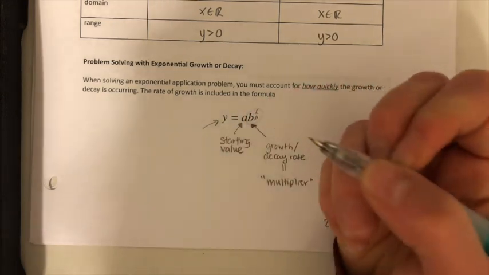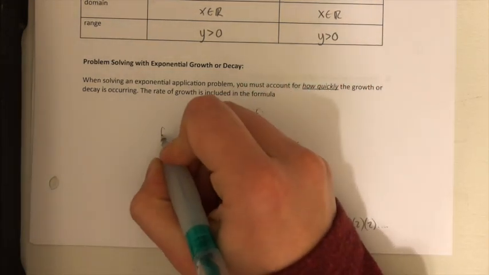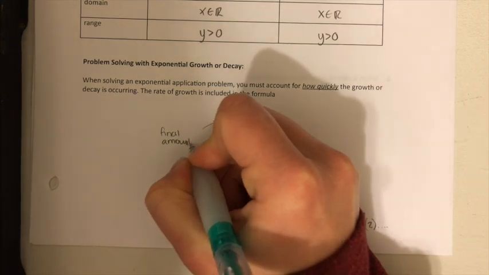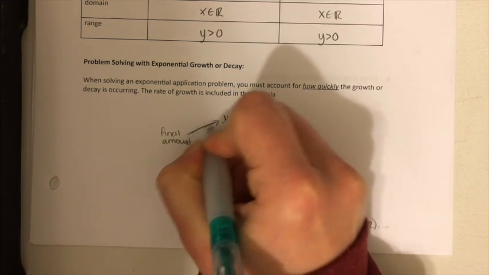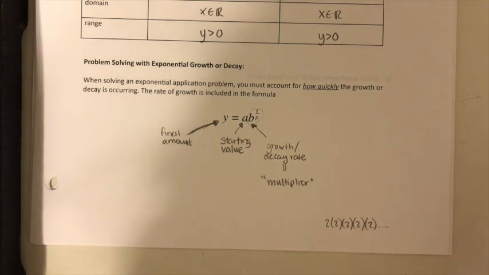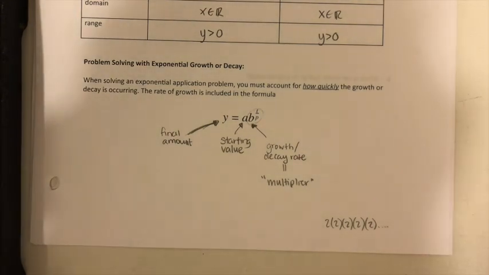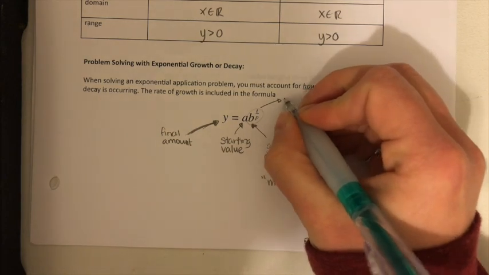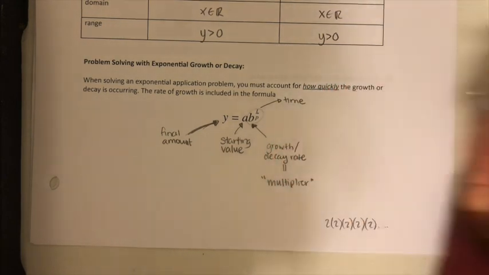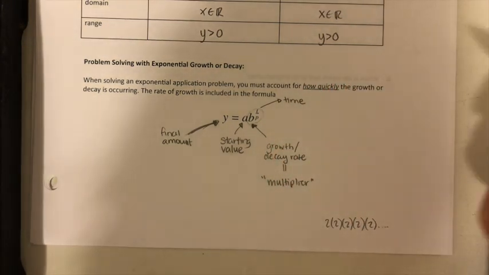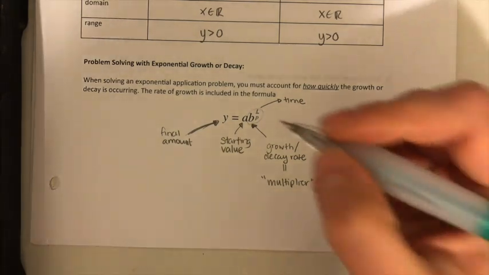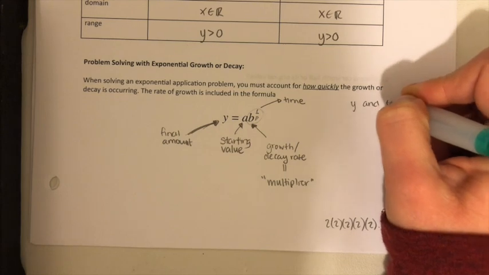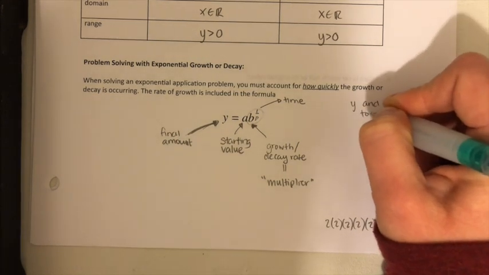My y is my final amount, or the value that my equation is going to be spitting out, so my final amount. And then t, like I said, is generally time. Okay, and one thing that's important to remember here is that y and t go together.